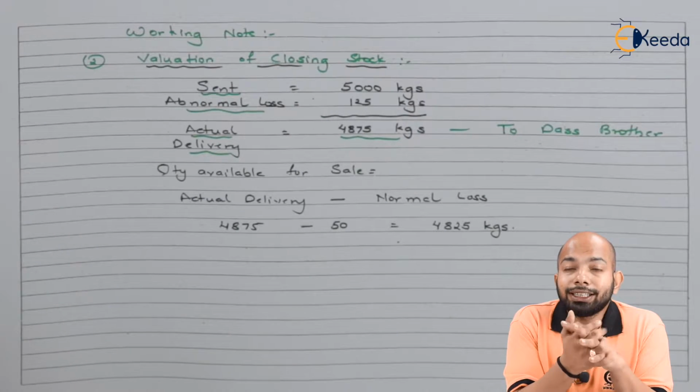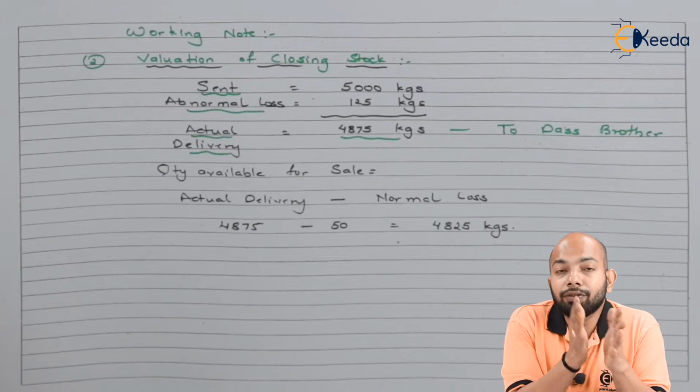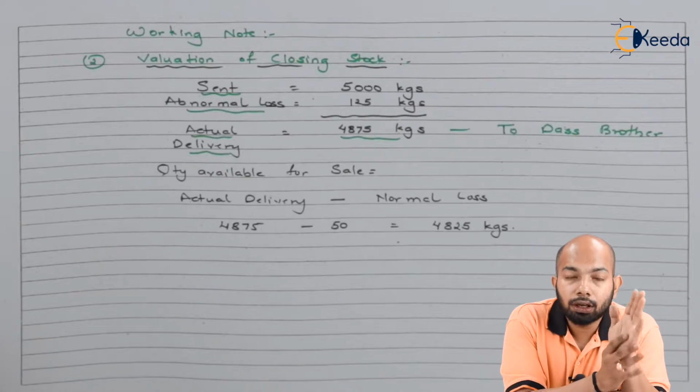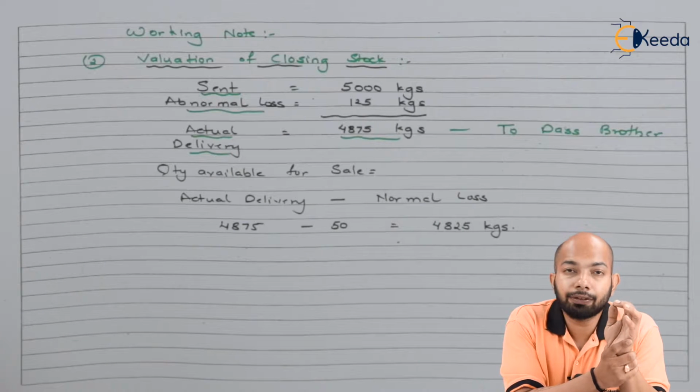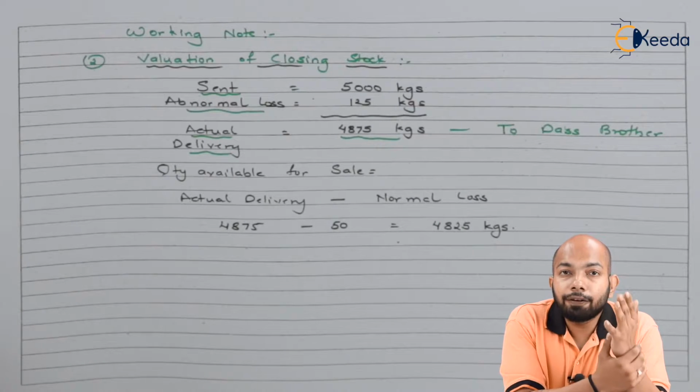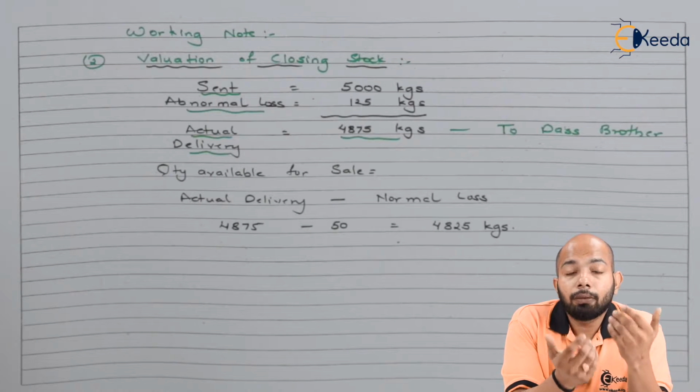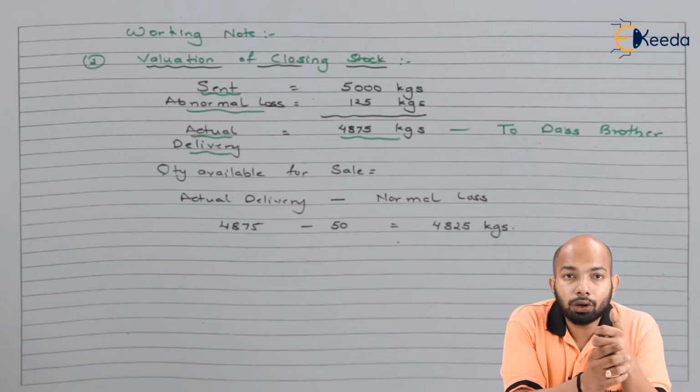So the actual quantity that was available for sale is 4825 kilos, because out of 4875 kilo, 50 kilo was completely taken off due to leakage, so we cannot consider that for quantity.